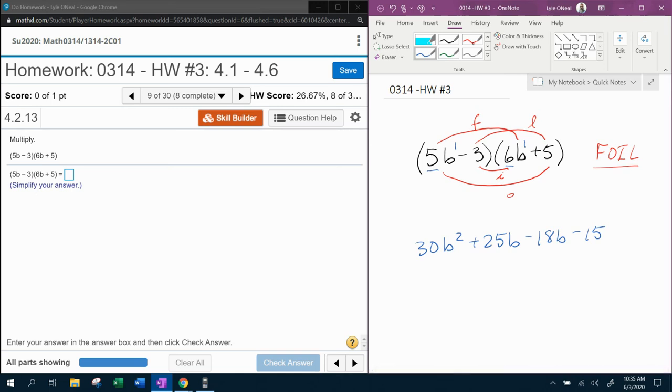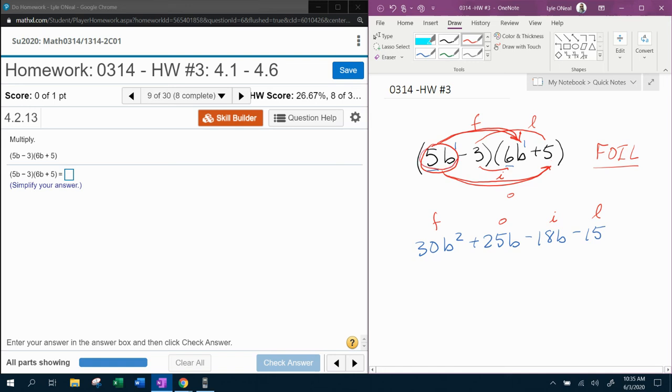All right, so does everybody see what just happened there? This was the first, outside, inside, and last, and that's the FOIL method. Before I finish this up, I'd like to point out that the FOIL method is basically just the distributive property, okay? If you look at what happened with the 5b, we did 5b times 6b and then 5b times the 5.